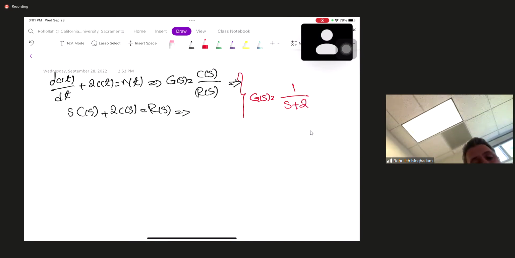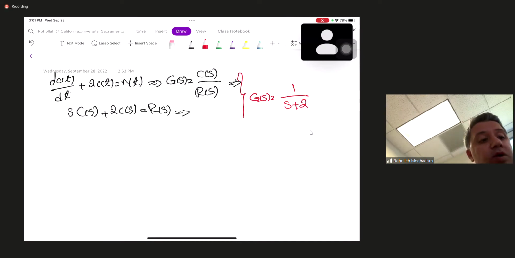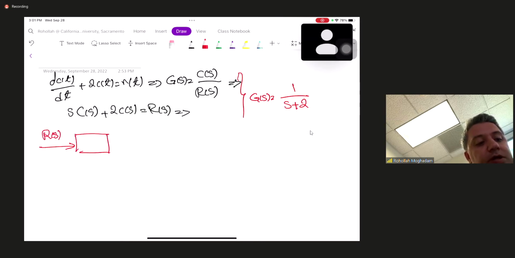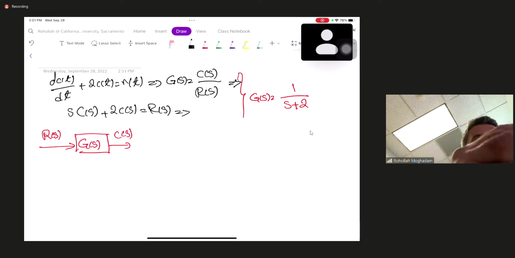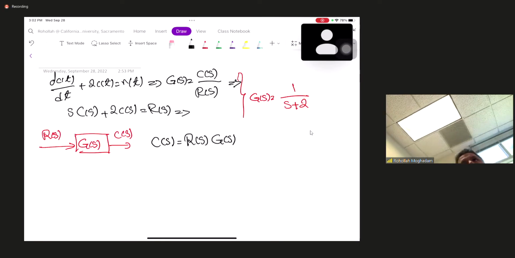Correct? Now, based on the definition, I want you to be careful about this, because this can be a question for some of you. Based on the definition, we know that C(s) is R(s) times G(s).